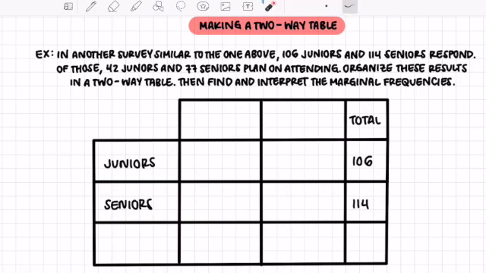So the second part says that 42 juniors and 77 seniors plan on attending the event. So that would go in either attending or not attending. This one would be in the attending section.